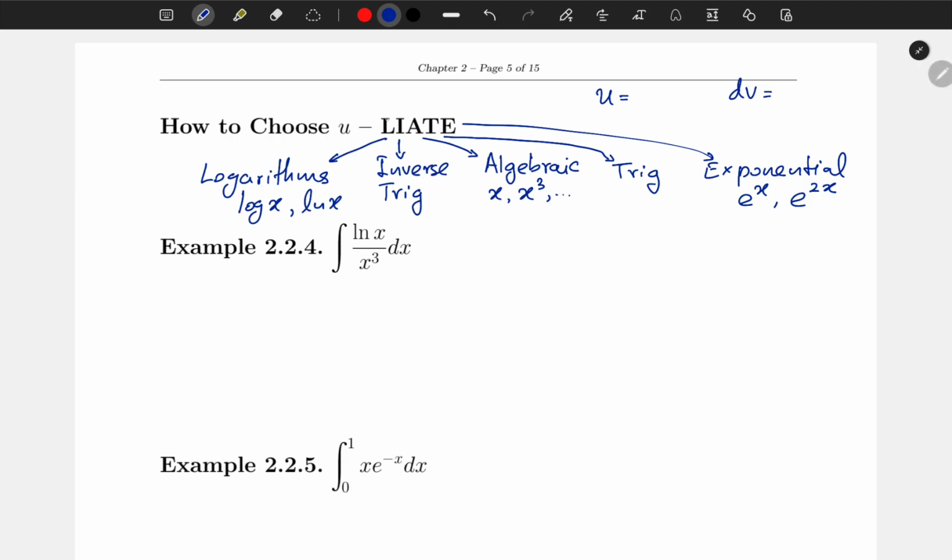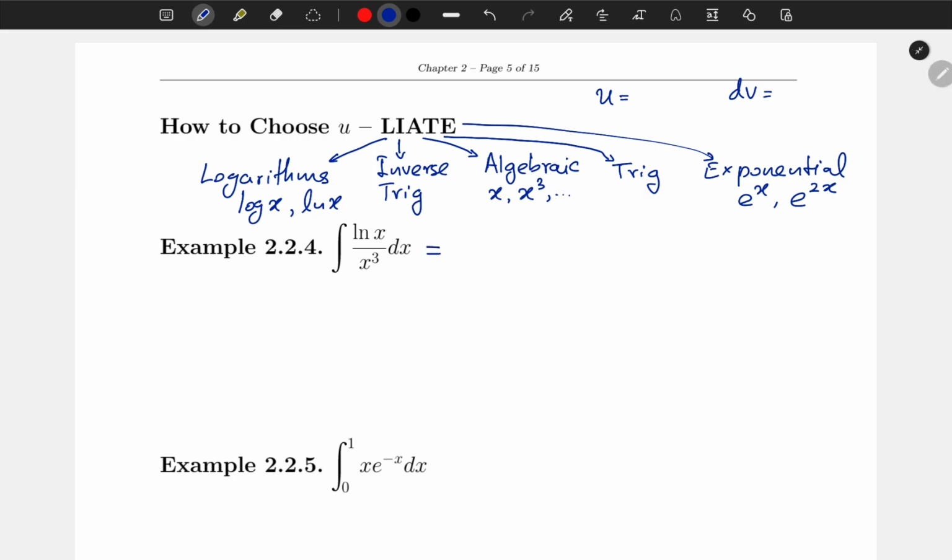For an example, if you have a logarithmic function and an exponential function, your logarithmic function will be the variable u and everything else will be dv. Okay, so let's look at example 2.2.4.